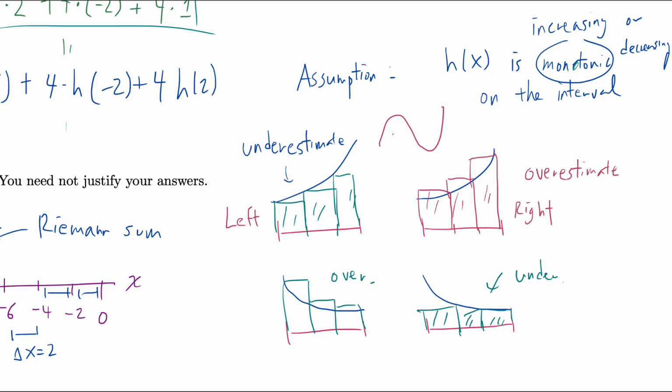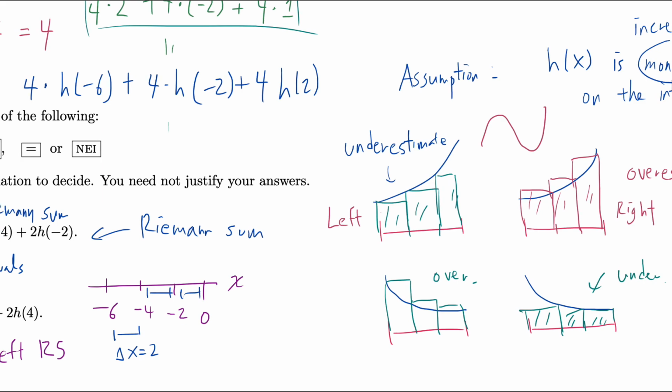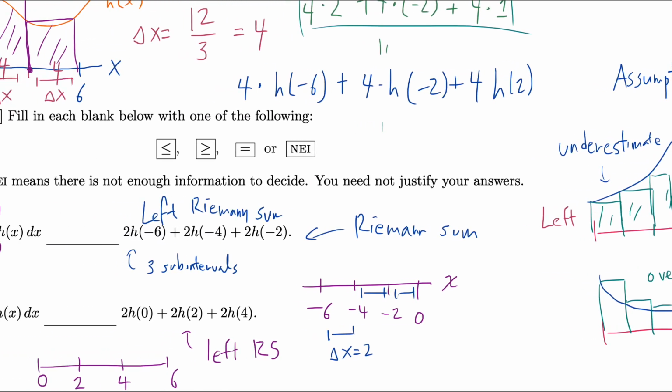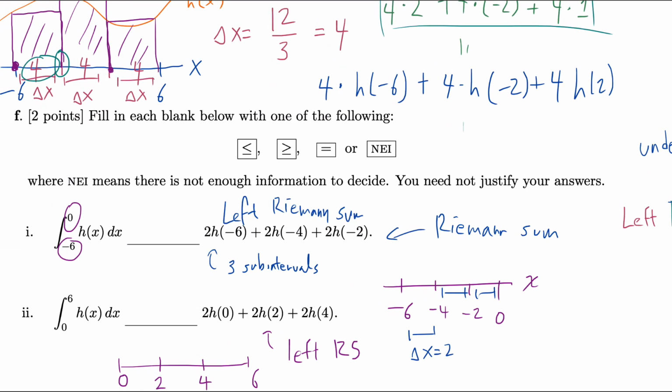Because parts of it you might have an underestimate and parts of it an overestimate, so you don't know which one is going to win out in the end. So having that in mind, let's try attacking this question. We know we have a left Riemann sum for the first part. If we know h of x is monotonic, increasing or decreasing, then surely we can figure out whether it's an underestimate or overestimate.